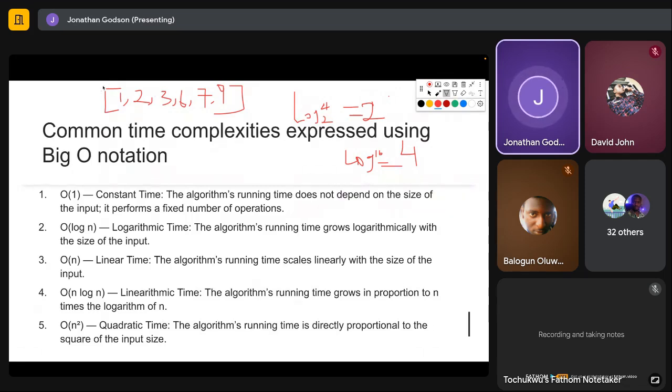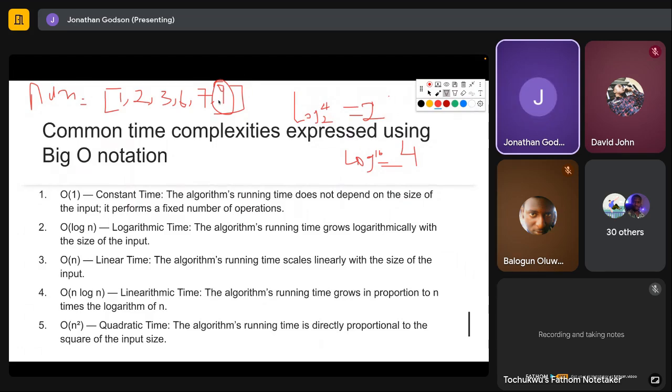Let's assume we increase the size of the array to 1 million. If we wrote an algorithm that accepts an array of nums, of size 6 for this example, the worst case is that the element is the last one, so it will iterate 6 times to get the last element.